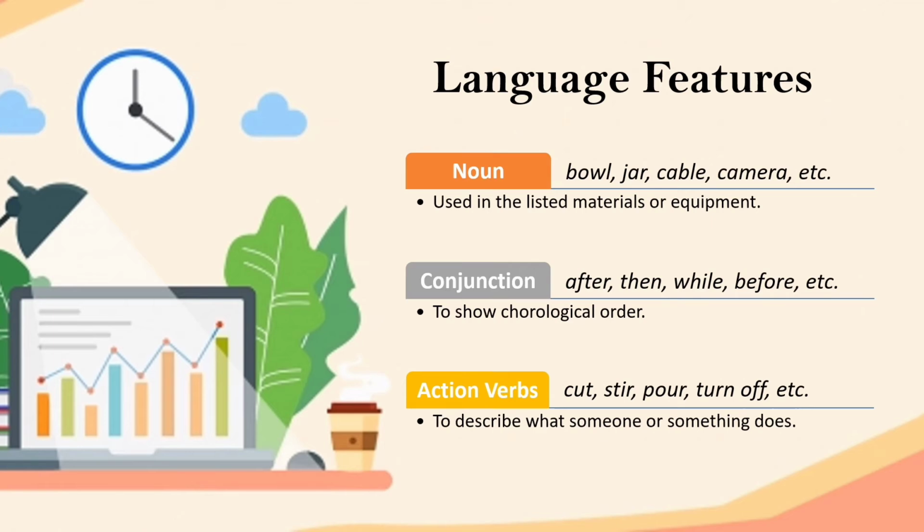It is to show the chronological order. As you can see there, the examples are after, then, while, and before. The third one is action verbs. It is to describe what someone or something does. The examples are cut, stir, pour, turn off, and many others.